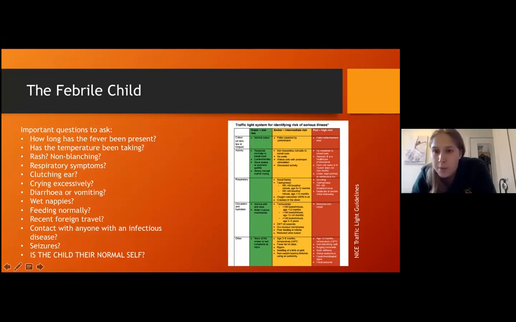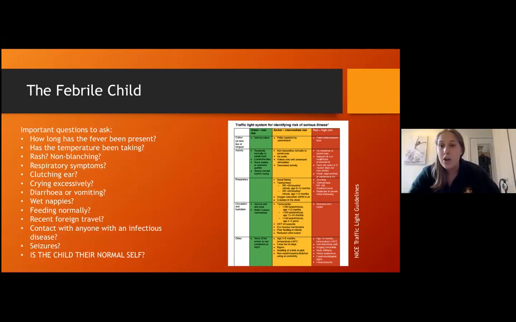I'm not sure if you can read them all, but some of the key ones to think about as a red traffic light are if the child's pale or blue, or if they're not responding to social cues from parents or from you, that's quite worrying. As we said before, a weak cry is more worrying. Any child with a resp rate over 60 should go straight to hospital.